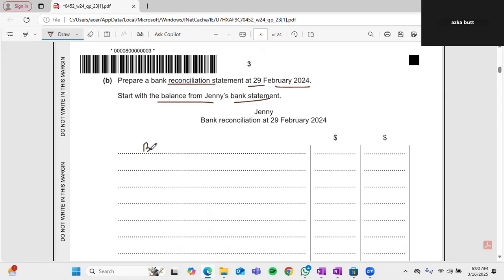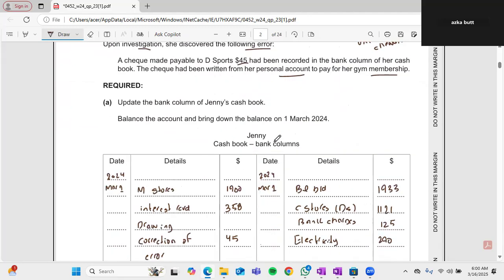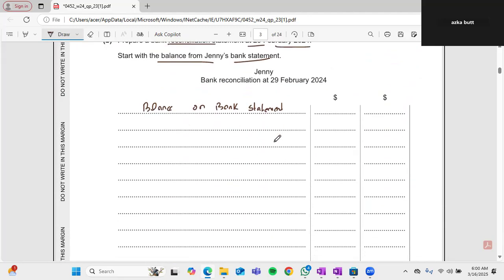So let's start with the balance on the bank statement. This was, I guess, 1,367. This is the balance on the bank statement.